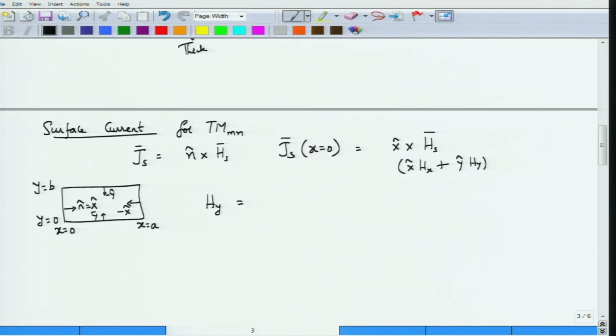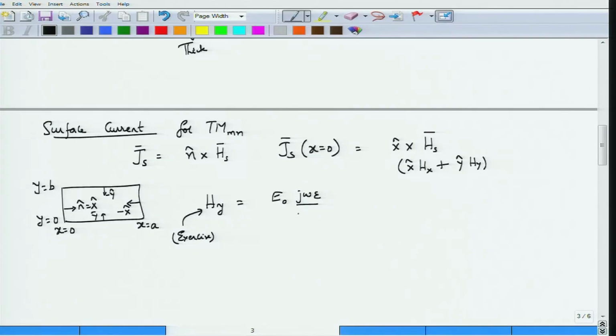You have to probably show this one as an exercise by following the last module, wherein we derived Ez and also indicated what the forms for hy, hx, ex and ey would be. So you have hy, the transverse component of the magnetic field, which must be evaluated at the surface. First let us look at hy itself. The expression for hy as a function of x and z will have some constants.